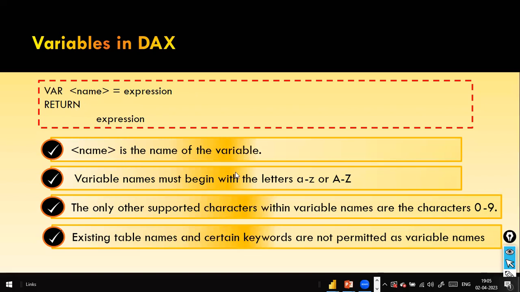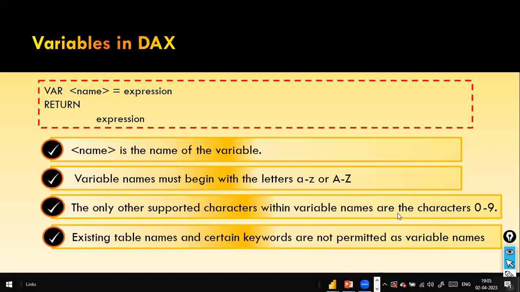What is the name? Name is the name of the variable, and the variable names must begin... This is the rule you need to follow. The thumb rule: you cannot give any name while defining variable names. It should begin with the letters A to Z, and the only other supported characters are 0 to 9.